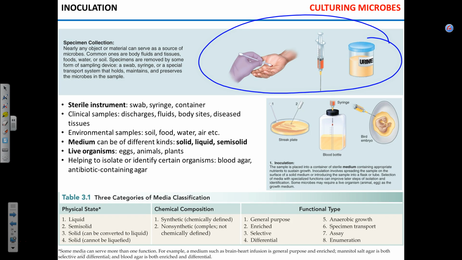Something else. What did you grow your samples on? Agar, yes. Special agar. You can use it as a medium. What happens to the milk if you leave it out of the fridge for 2-3 days? Why does it go bad?